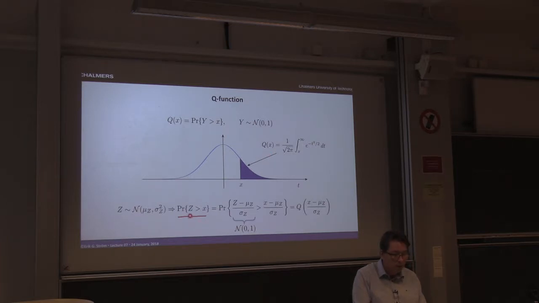Well, first we transform the left-hand side and right-hand side of this inequality, and that doesn't change the value of the probability. We take Z, subtract off its mean, and divide by the standard deviation. What we then have on the left-hand side of the inequality is a standard Gaussian random variable with 0 mean and variance 1.